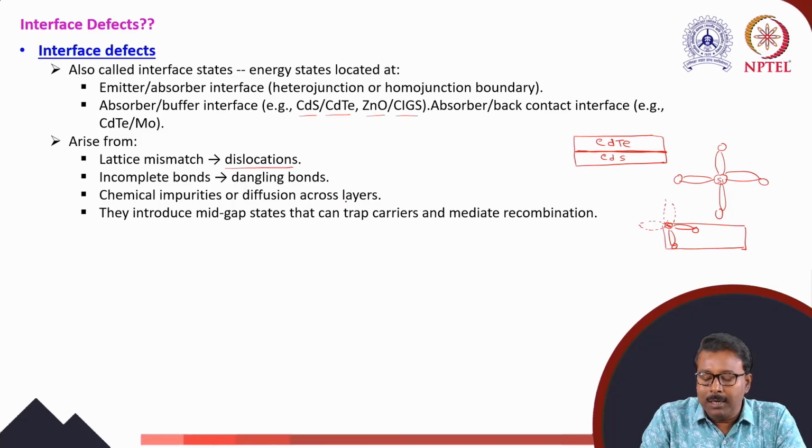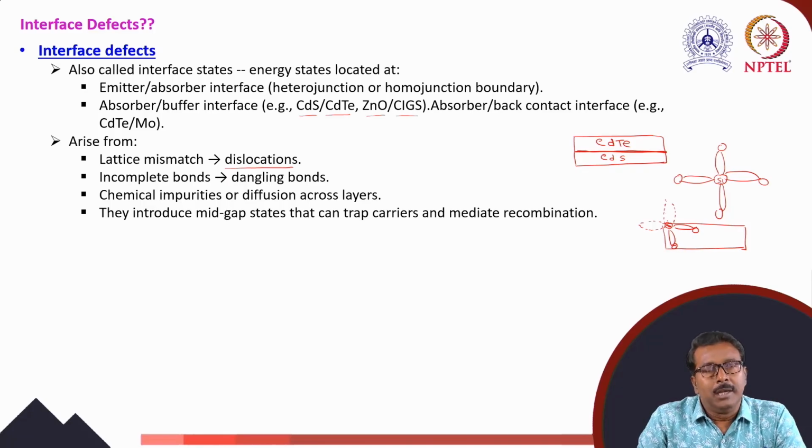Or whenever you diffuse some material, suppose you are making a diffusion to make an emitter layer, developing a crystalline silicon solar cell. So you start with an absorber bulk, a single crystal silicon layer, that is called a wafer.